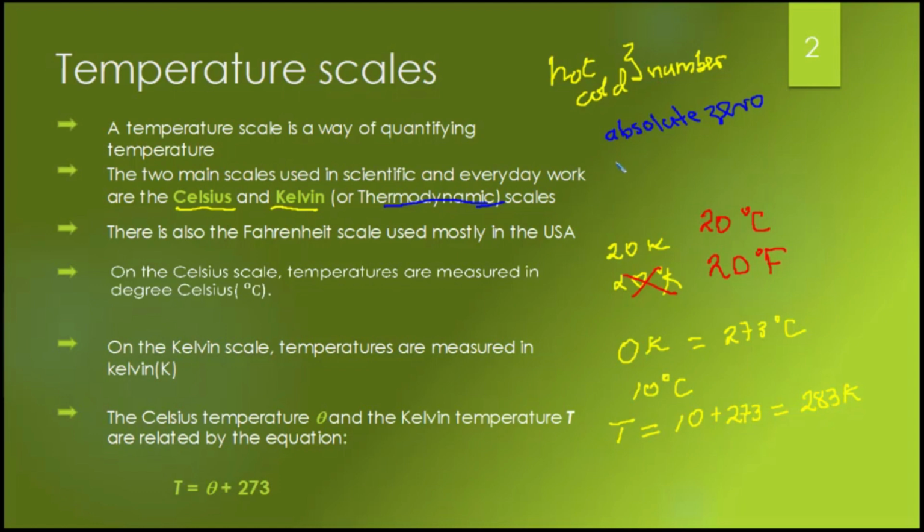On the Celsius scale, that temperature is negative 273 degrees Celsius. And on the Kelvin scale, the temperature is taken as 0 Kelvin. So the 0 on the Kelvin scale is the absolute zero. This is why sometimes the Kelvin temperature scale is also known as the absolute temperature scale.